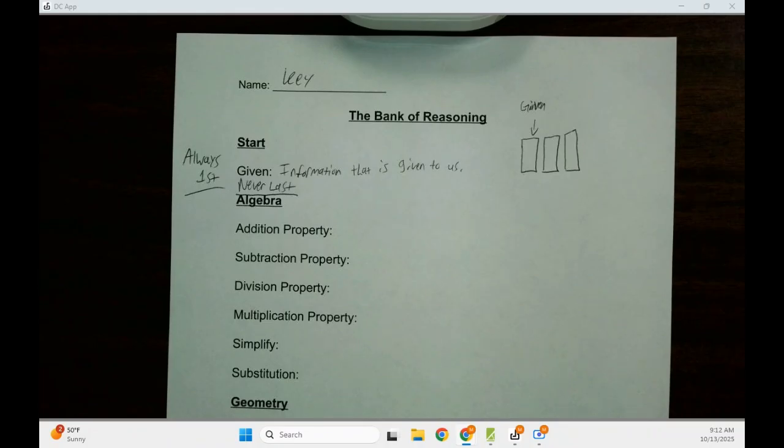On the quiz, when I was grading it, one of the biggest things that I had seen was people who had put the word given as the last reason. Think about that. I'm trying to prove that somebody was a murderer. Well, they're a murderer because they are. Does that make sense?